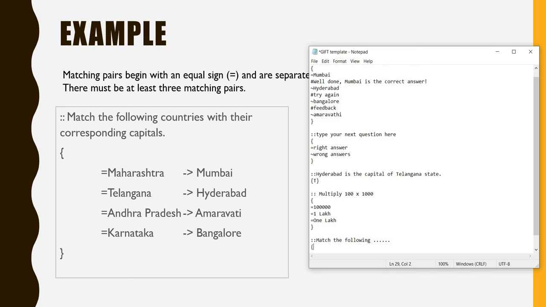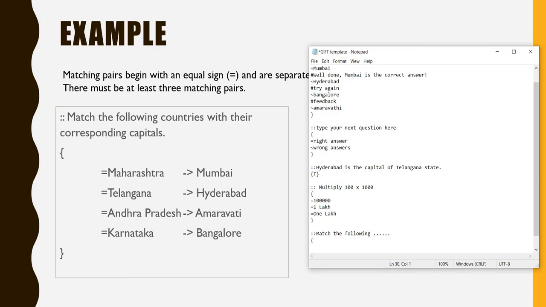Flower bracket open, press Enter. Now give equals Maharashtra. On your keyboard press tab, then hyphen, then greater than, then tab, Mumbai.